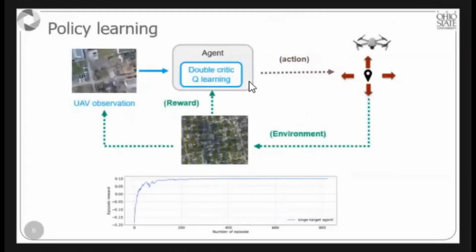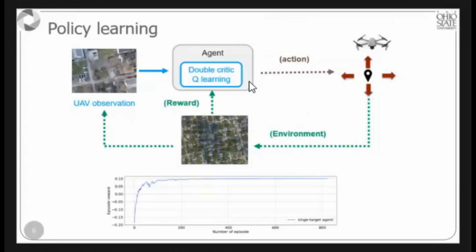Here, we implement the double deep Q-learning model for policy learning. Our approach is reinforcement learning. This is how we formulate this navigation task as a Markov decision process in the RL framework. In this framework, we have agent, environment, observation, action, and reward.